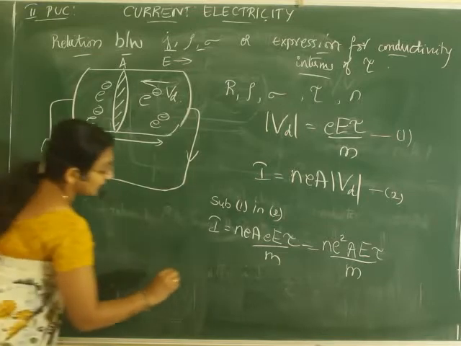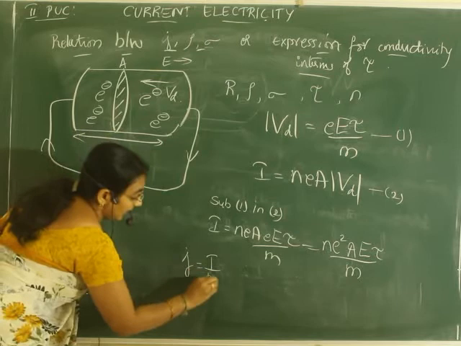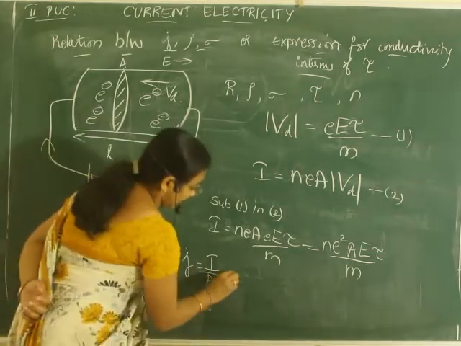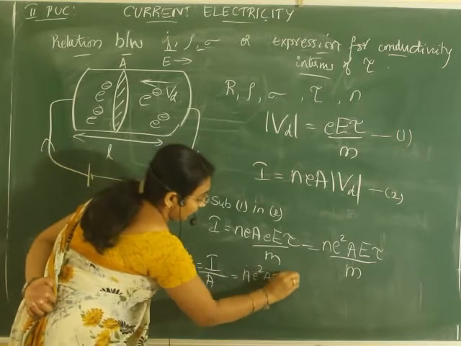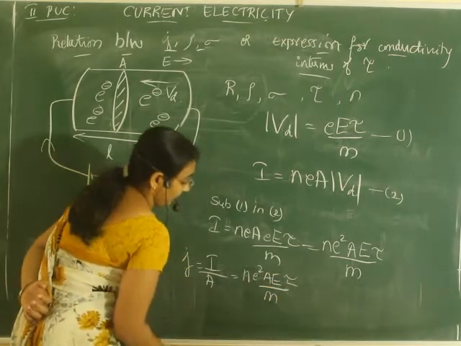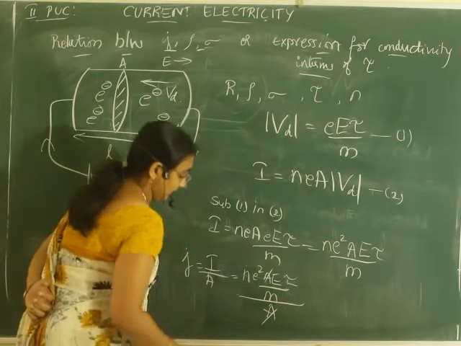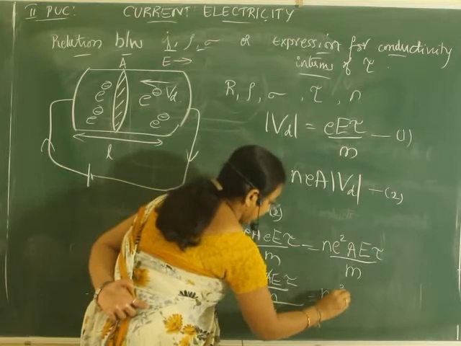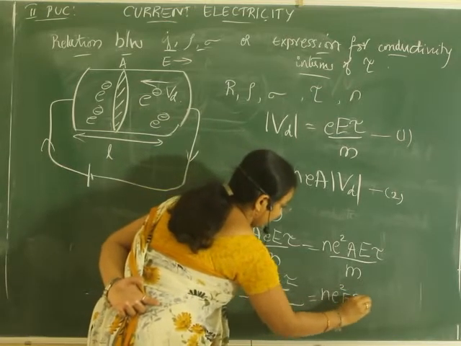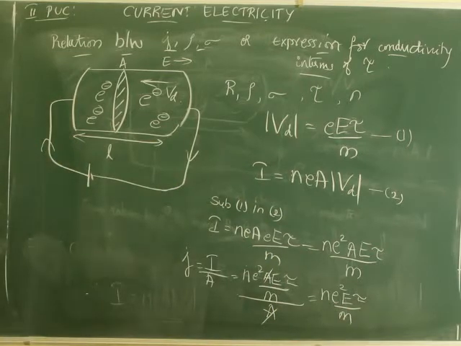That is nothing but J = I/A. What is I? ne^2 A E tau/m divided by A. A gets cancelled. So we get J = ne^2 E tau/m. Next, what is the next step we can move to?